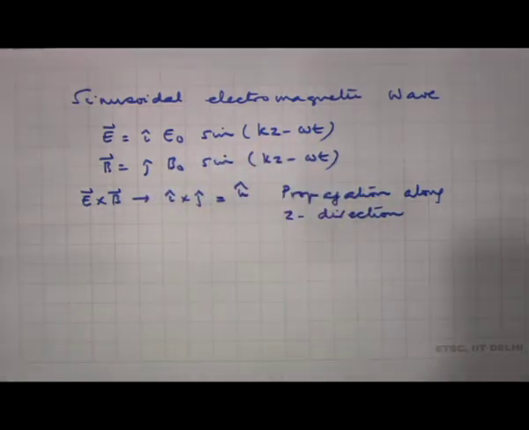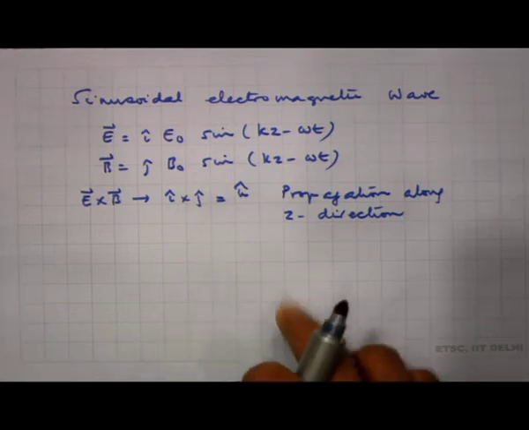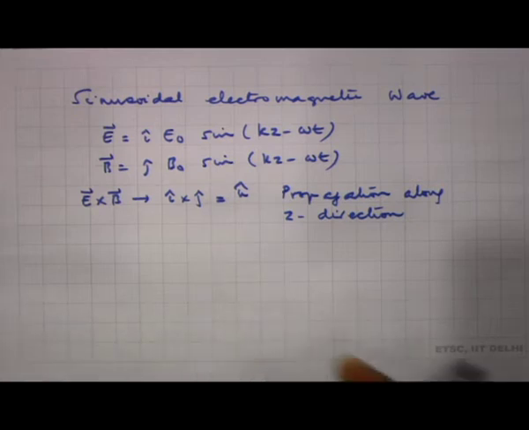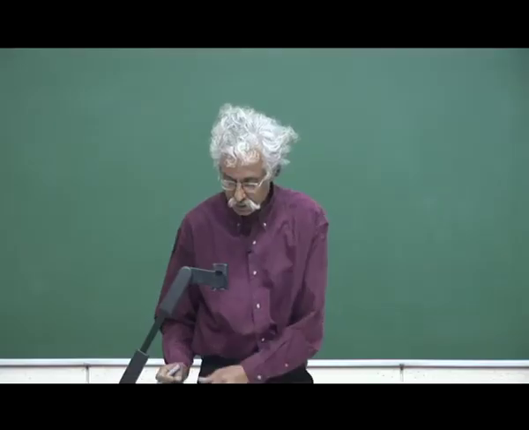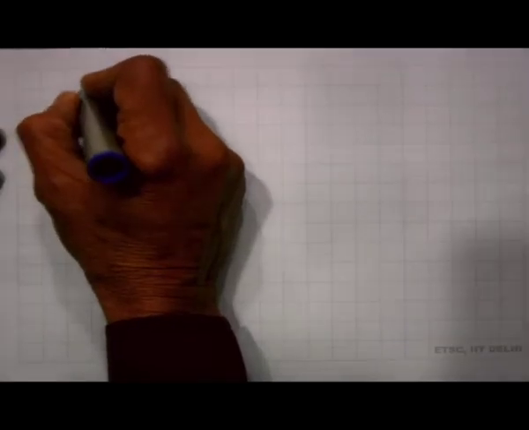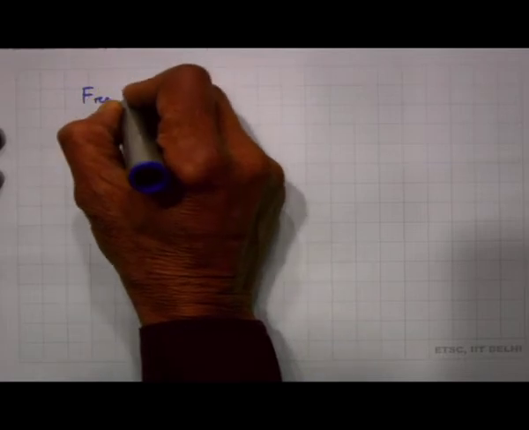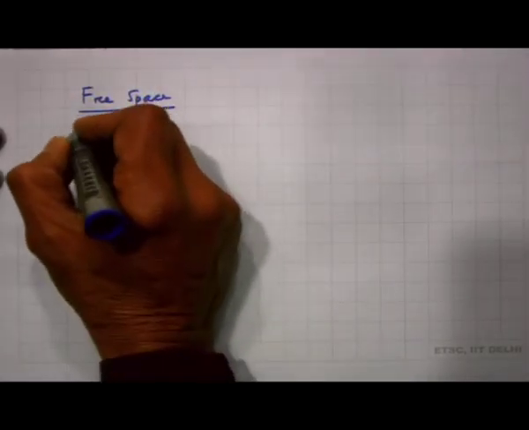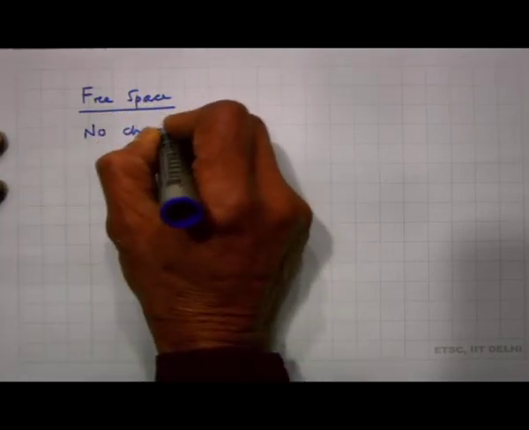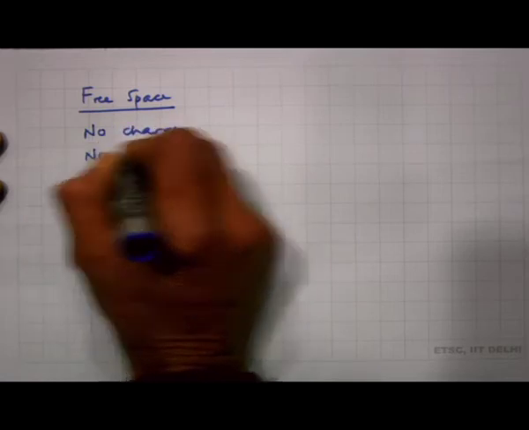Now, what I am going to do is the following. I am going to show you that these two equations are consistent with Maxwell's equations, and for this I am going to look at free space. So, I am looking at propagation of an electromagnetic wave in free space. That means there is no medium and there are no charges, no currents.